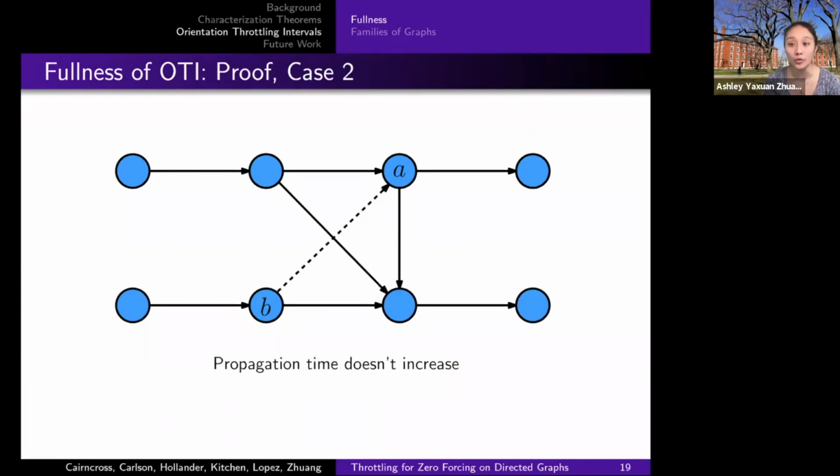And since in both of these cases, we added 1 to the initial forcing set, and the propagation time does not increase, that means that the throttling number will not increase by more than 1.